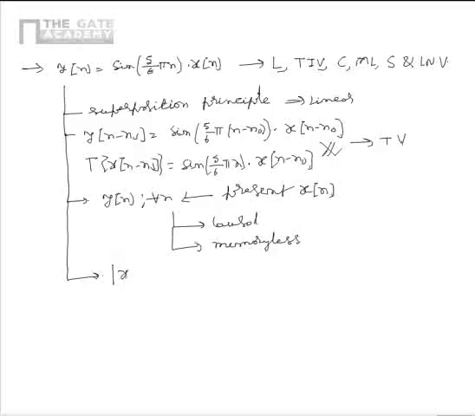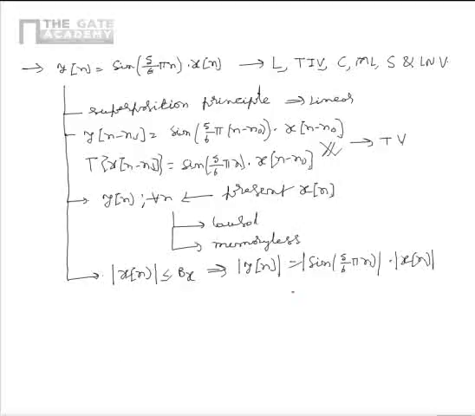So for checking the stability, let us assume mod of x of n is less than or equal to bx. So from this, if we try to find mod of y of n, that would be equal to mod of sine of 5 by 6 pi n multiplied by mod of x of n.